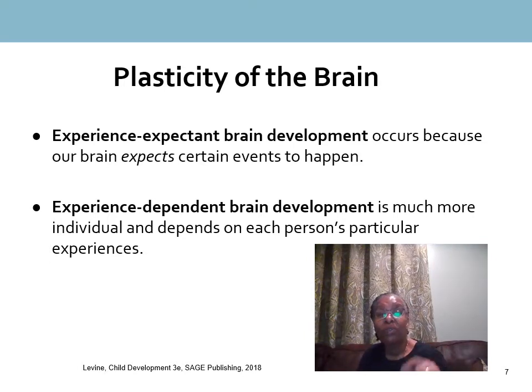Now, experience-dependent brain development is much more individual and depends on the particular experiences that occur to the person. Additionally, when we don't use those synapses and they're pruned away, new synapses can develop in response to new experience or stimulation.